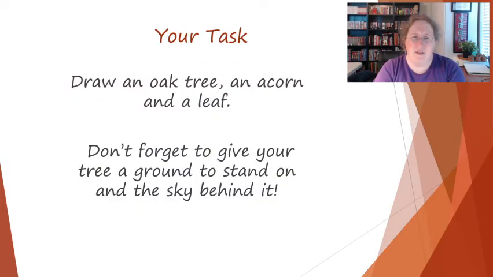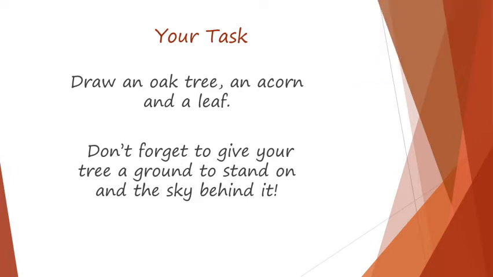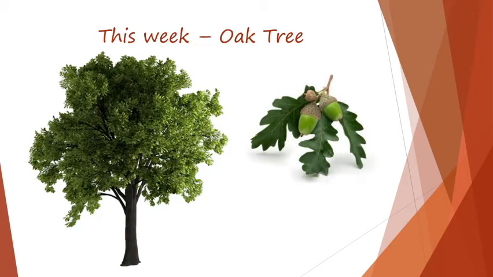Our oak tree is going to have an acorn, a leaf, and then of course the oak tree. Don't forget to give your tree a ground to stand on and the sky behind it. So let's look at our oak tree.